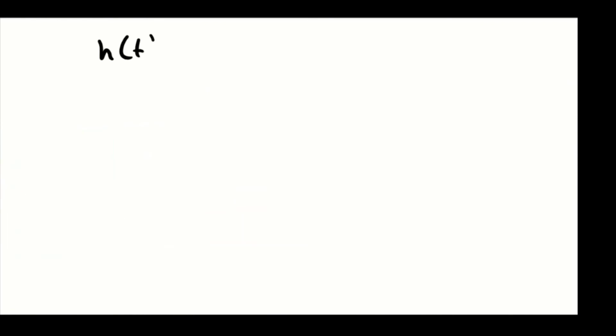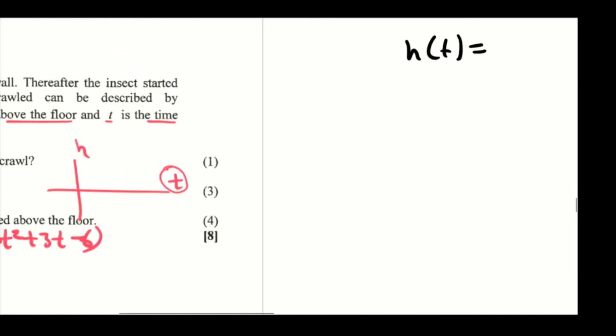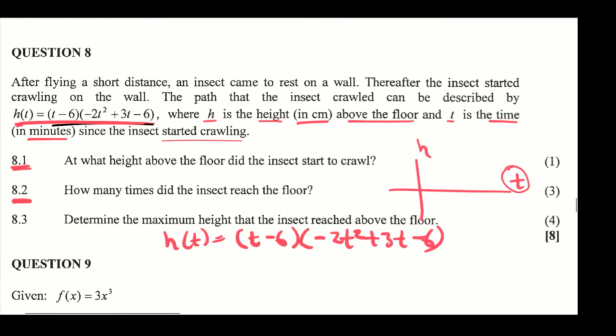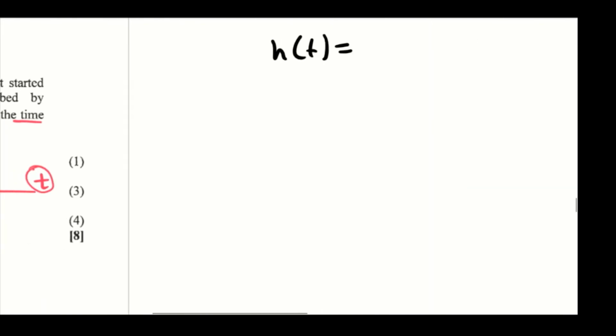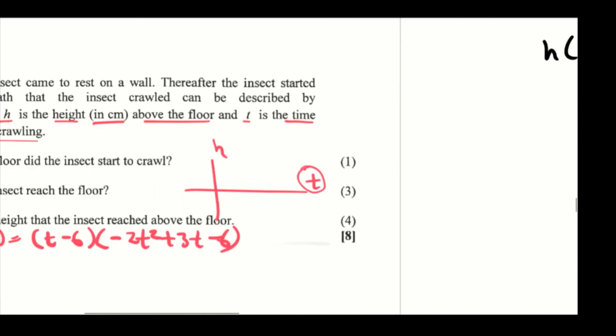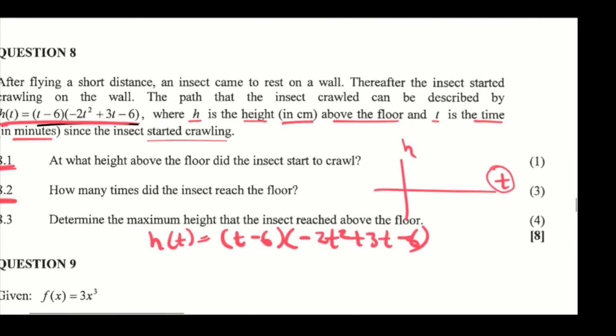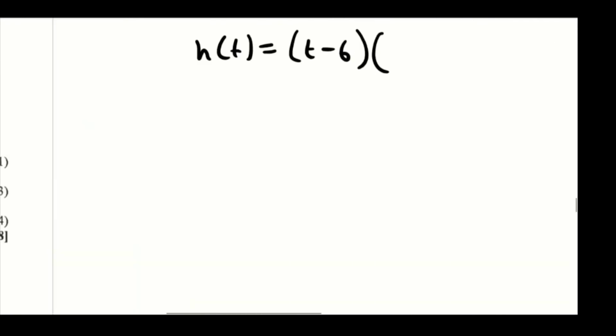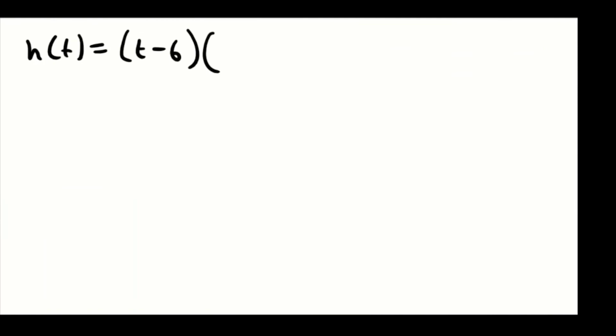So h of t equals (t minus 6) and then (minus 2t squared plus 3t minus 6).